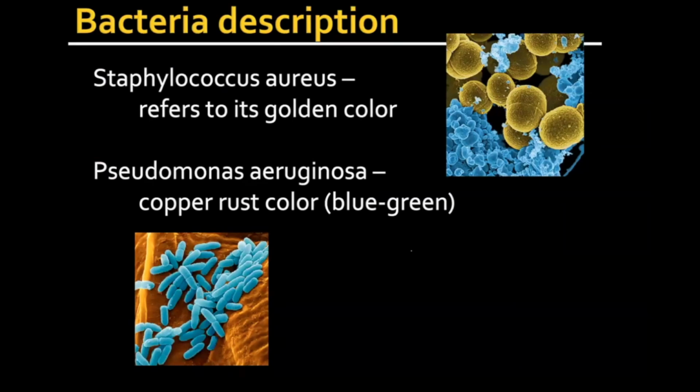Does anyone know? Normally, we just call it Pseudomonas. We see that a lot in nursing homes, care facilities, hospitals. It's one of those opportunistic infections. It was named after its color, which they called copper rust. When copper rusts, it turns kind of a blue-green color. So there it is down there at the bottom. So that's how it got its name.